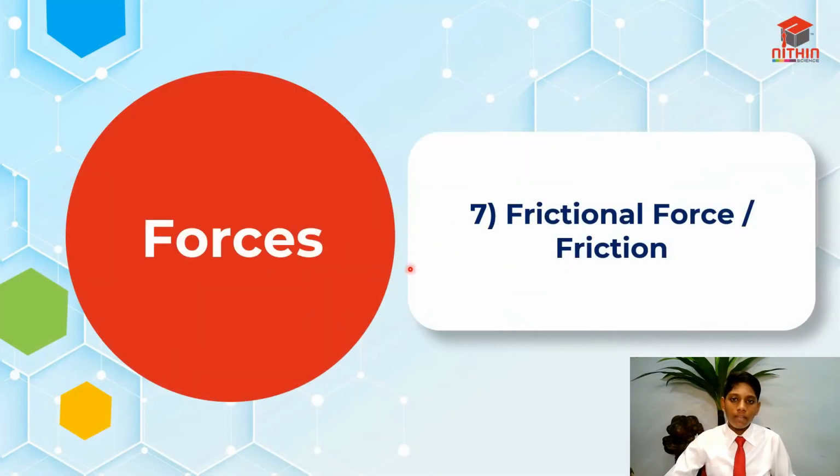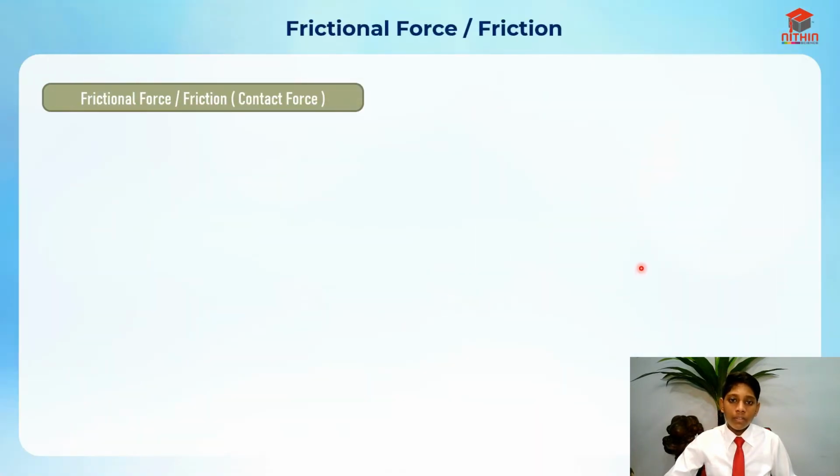For the seventh segment of this video, I'll be going through frictional force, or friction, okay? Friction is actually a contact force. Let me show you an example. Imagine a box sliding down a ramp.